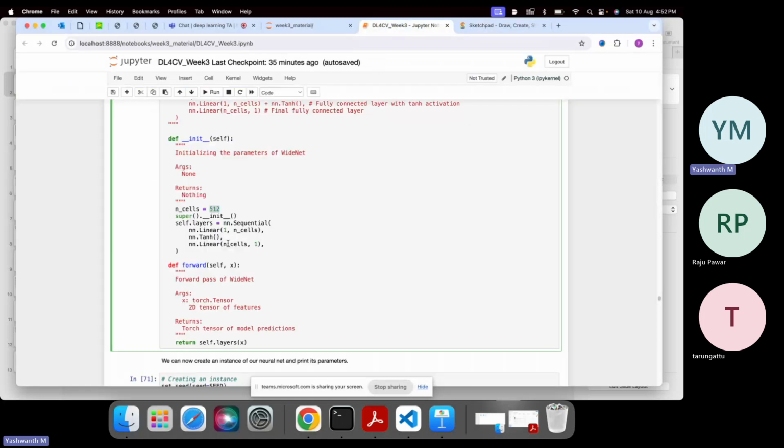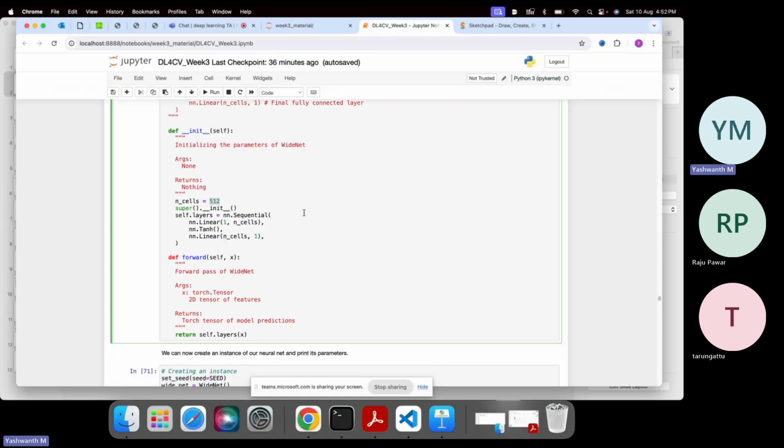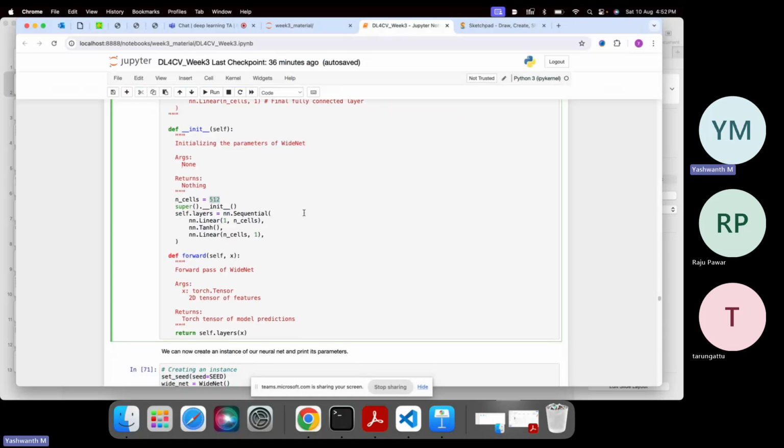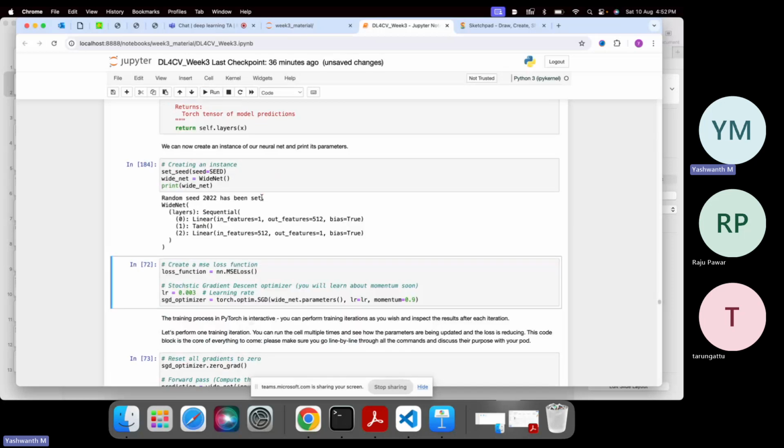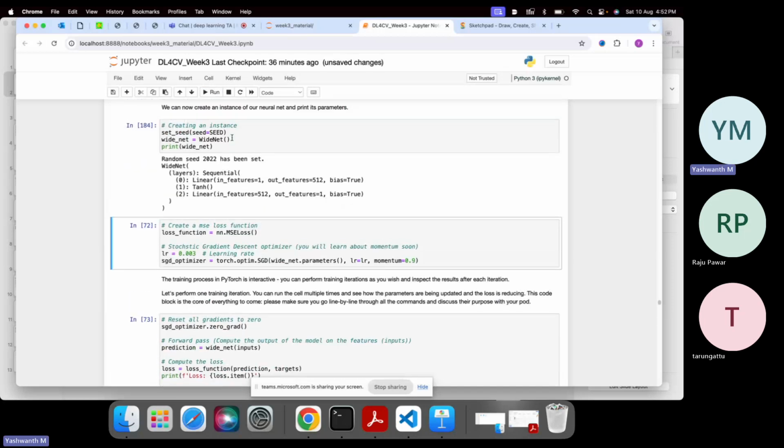Tanh nonlinearity is used here, and we will use a regression loss, that is mean square loss. And here is the way to print the network. It has a linear 1 to 512, then the nonlinearity tanh, and then 512 to 1.